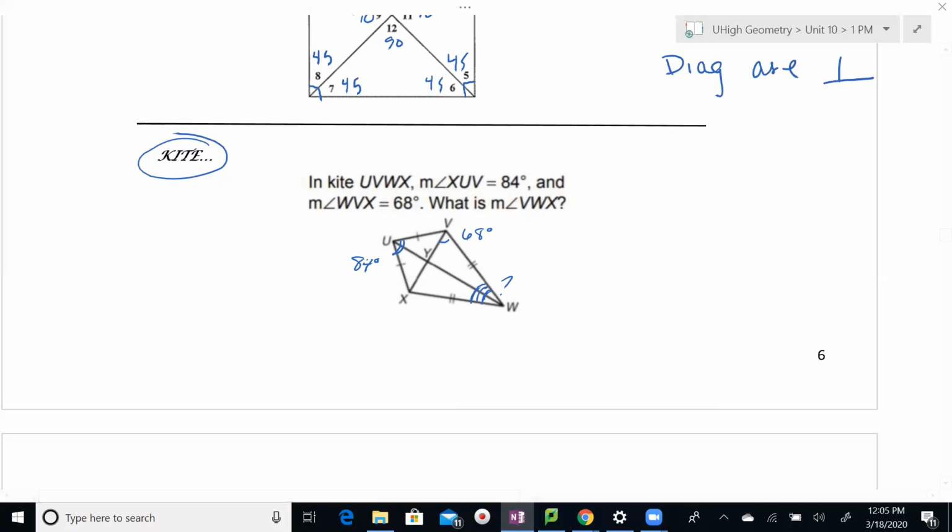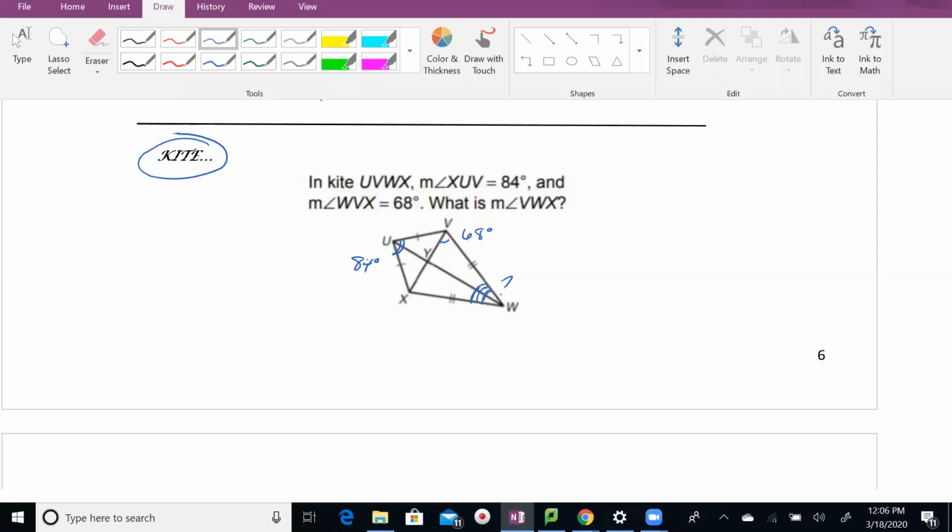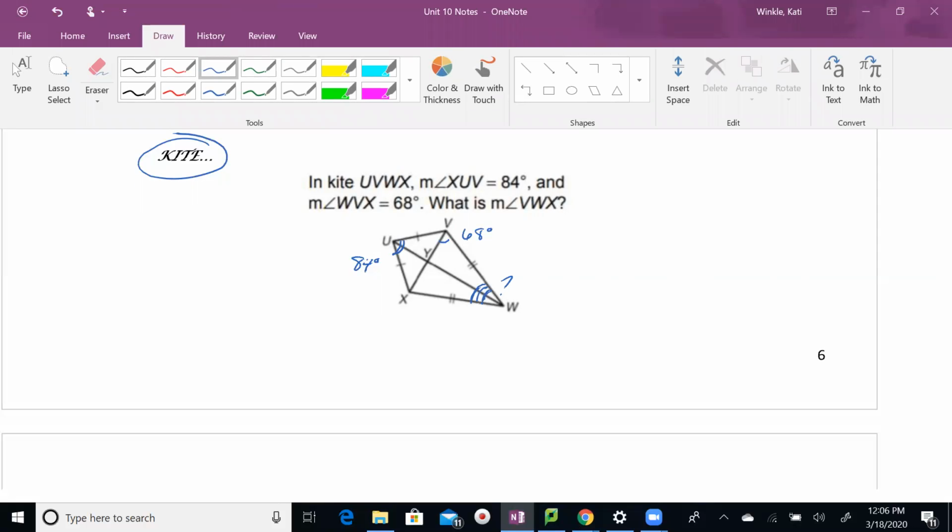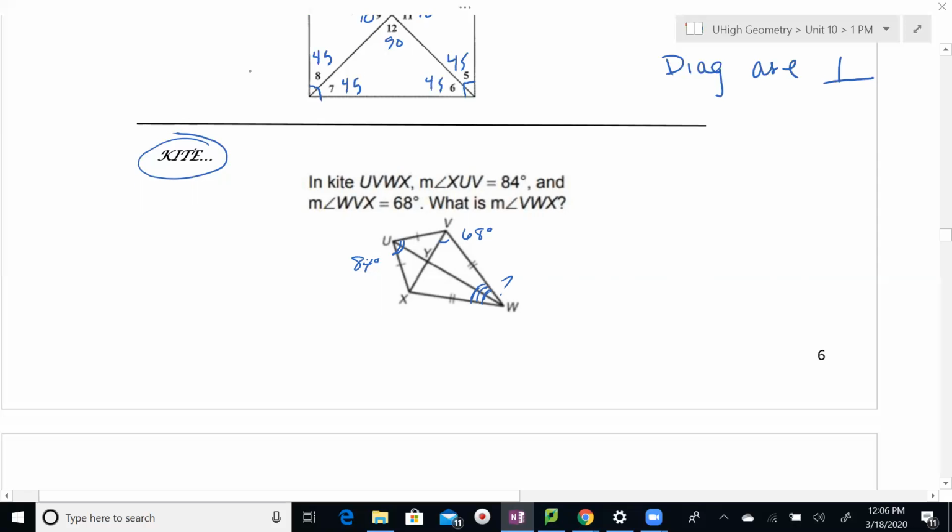So for this one, we can actually just take a look and see. Well, I can see here I have an isosceles triangle that's created right here with my kite.